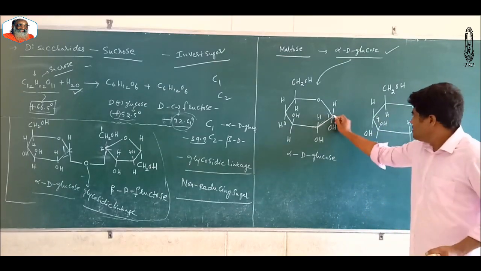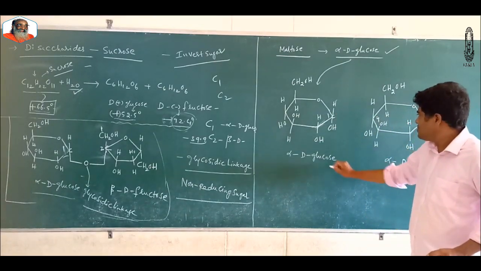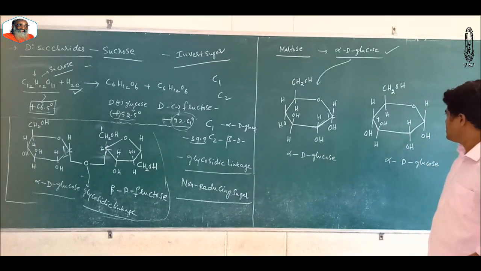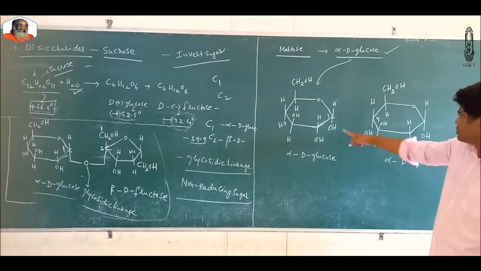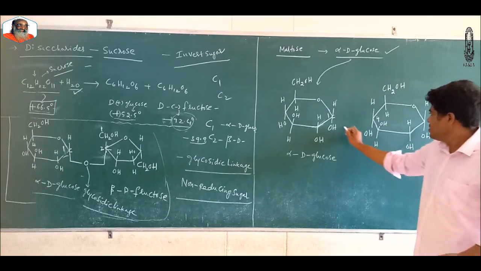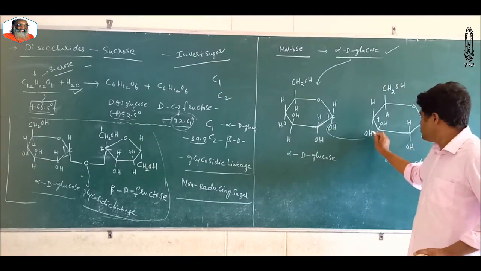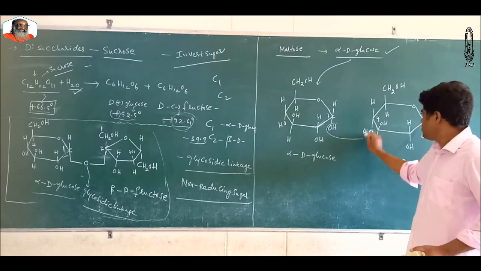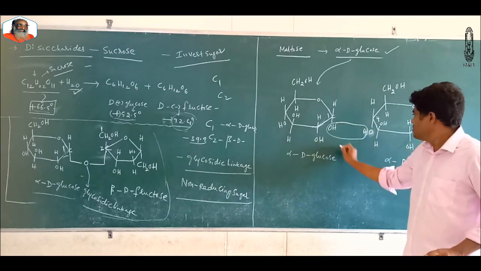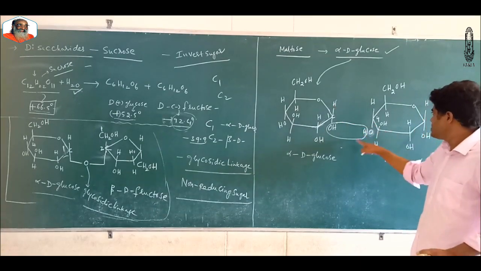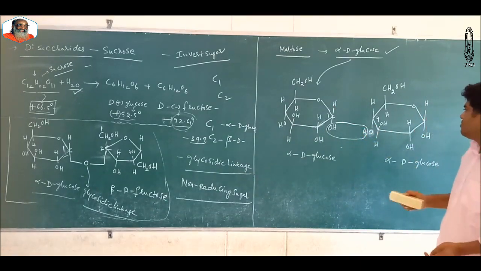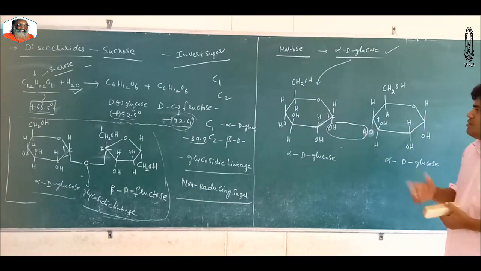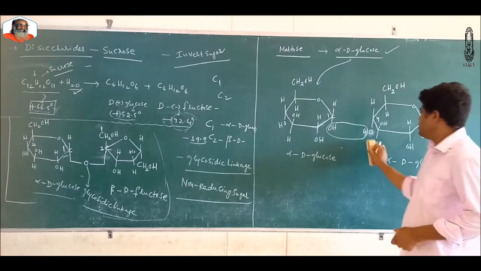Here, you see the first carbon of alpha D glucose and the fourth carbon of alpha D glucose, where the OH group is bonded to that carbon. A water molecule is removed here, and these 2 units are linked by an oxygen atom. Finally, you are getting maltose.